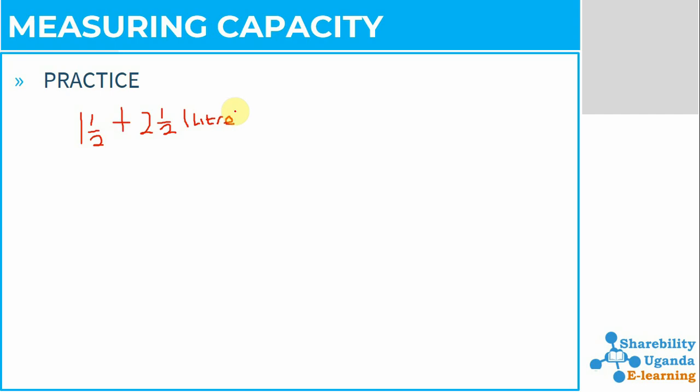So now we are going to make some addition here. Remember, we have this as a mixed fraction. You can first change it into a proper fraction, or you can first add the whole numbers. When you add the whole numbers, we have one whole number and two whole numbers, so this can be 3.